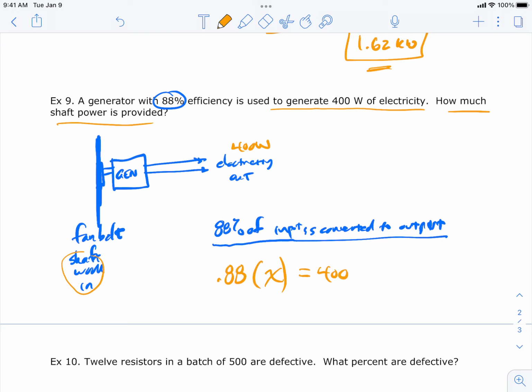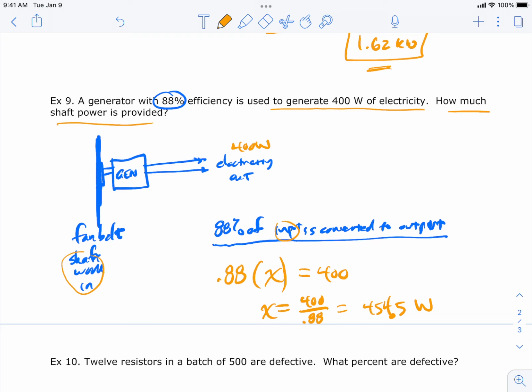So notice what we're going to do here to solve is we're going to have to take that 400 and divide it by 0.88. And what's that? 400 divided by 0.88. Boom! That's about 454.5 or so. And that would be, what do we have? Watts. We solved for the input.